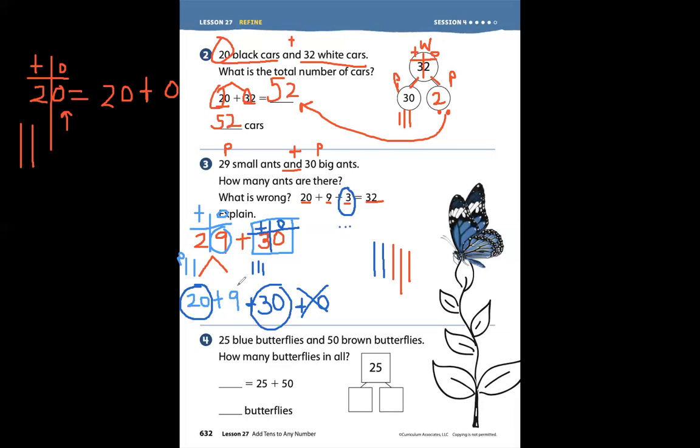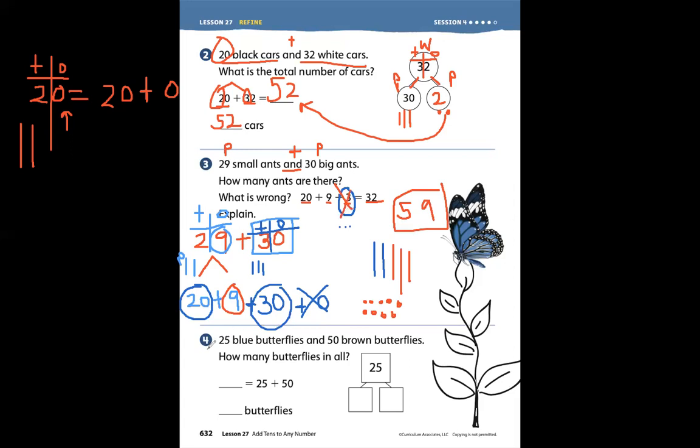And then how many ones? 9 ones. 1, 2, 3, 4, 5, new line, 6, 7, 8, 9. So now I have a total of 5 tens and 9 ones, 59. I'm going to circle my answer. Is 59 the same as 32? No, this is where they went wrong.